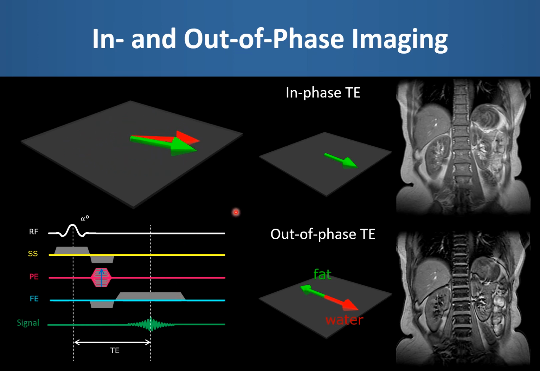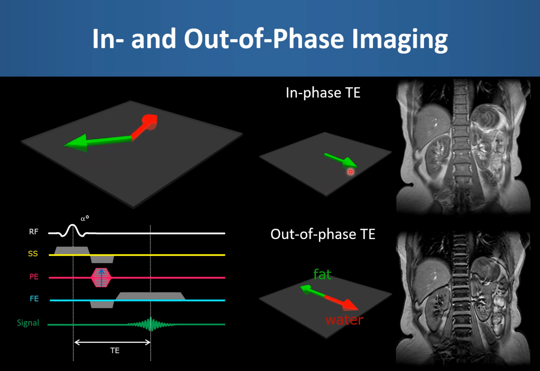By careful selection of the TE, it is possible to obtain images when the fat and water happen to be in phase, such as now, or when fat and water are out of phase, as is the situation now.